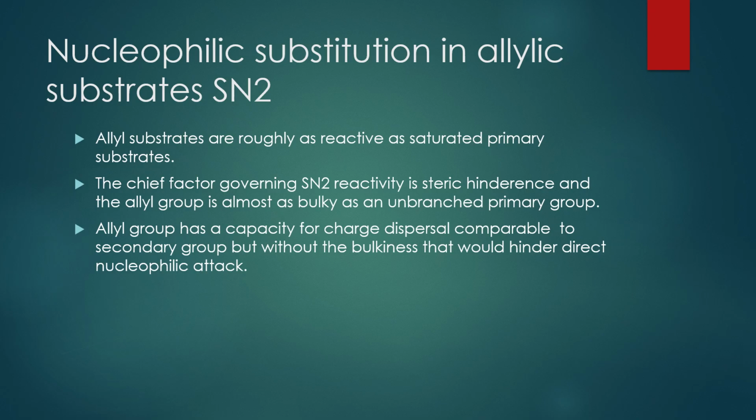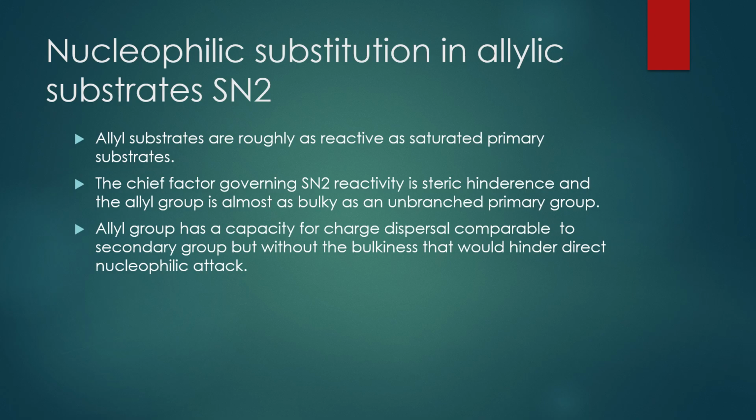You know that the main factor governing the SN2 reaction is steric hindrance, because there is formation of a transition state, not an intermediate, which is pentavalent. So steric hindrance influences the rate of the SN2 reaction. The allylic substrate is only as bulky as an unbranched primary group, so there may not be any steric hindrance.